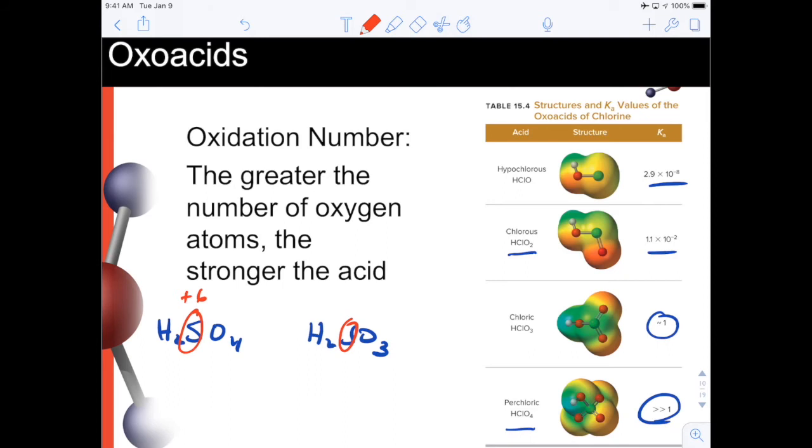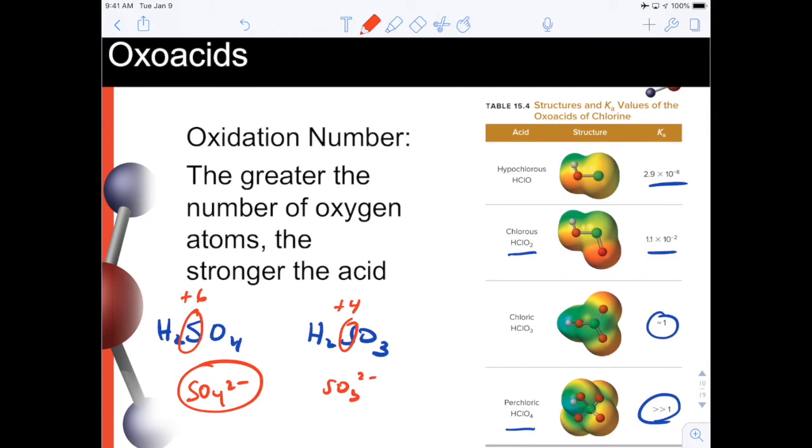Yes, it's plus 6 there. And this is plus 4 here. So the greater the positive charge, if you will, the more it's stabilizing each of the oxygens. Another way to look at it is that the anion that's produced, the greater number of oxygens helps to stabilize that in solution.